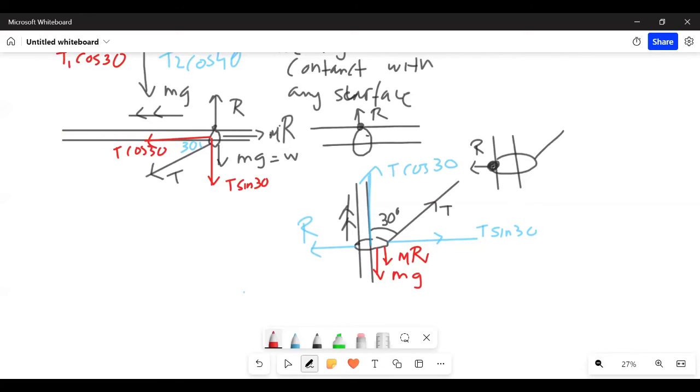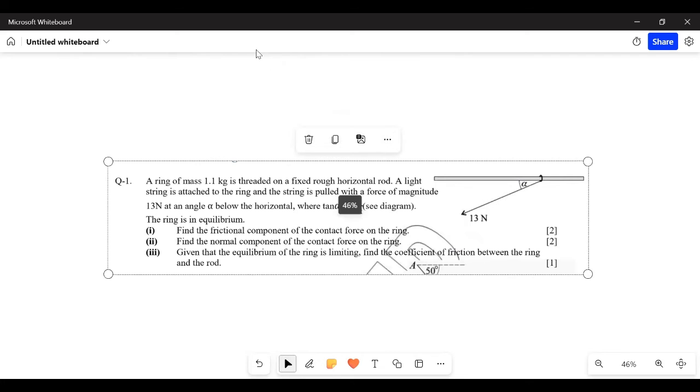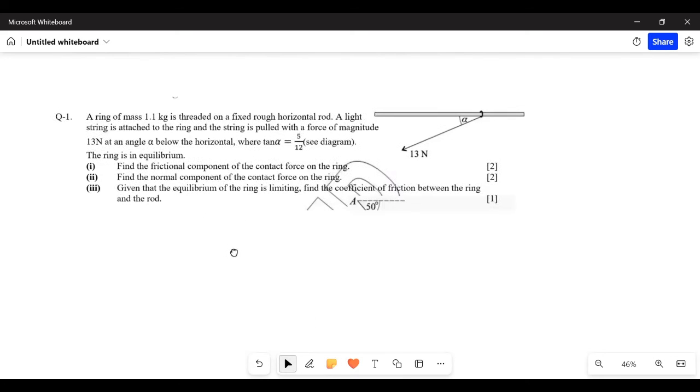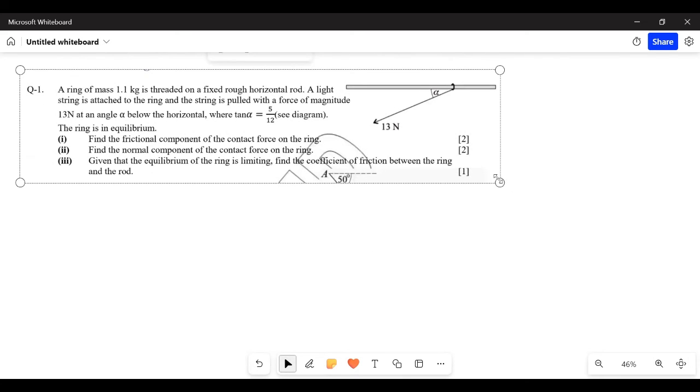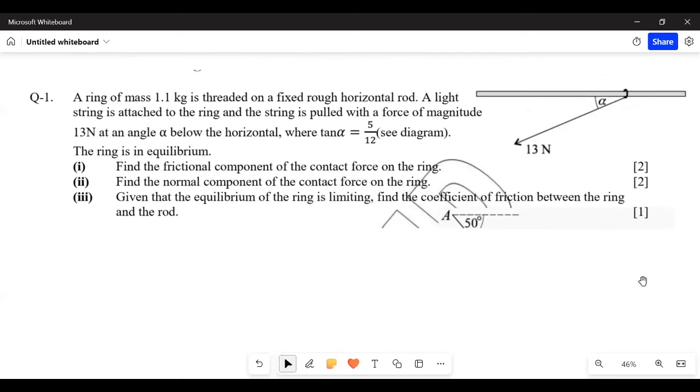I'm going to copy the first question of the worksheet. A ring of mass 1.1 kg is threaded on a fixed, rough horizontal rod.